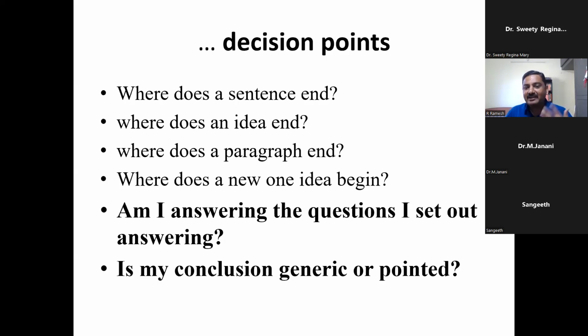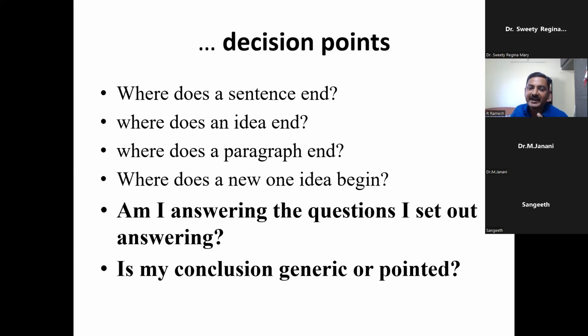Is my conclusion generic or pointed? It is possible sometimes that after having done so much work, you finally read the conclusion part of a research report, and it is disappointing, because a conclusion is supposed to be pointed. That is where you need to drive down your nail and prove your point.